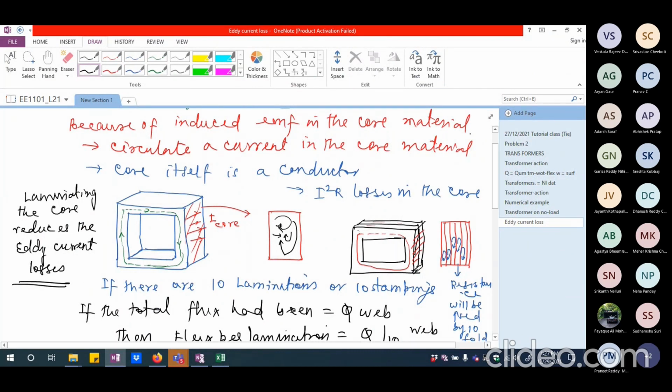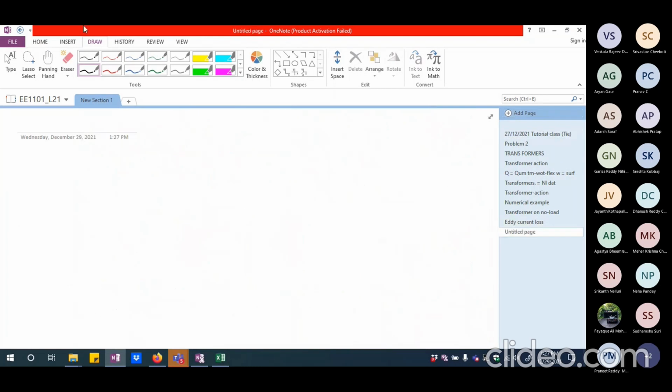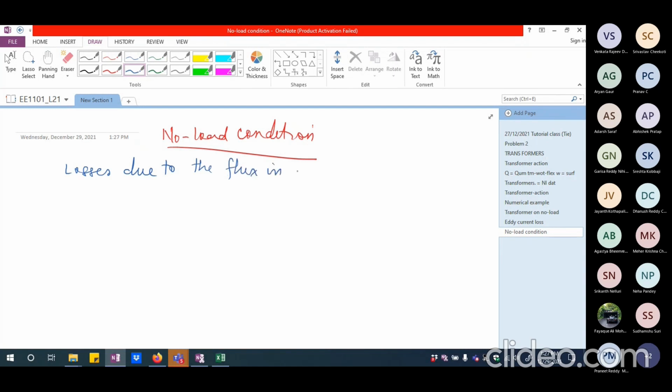So we normally see that even under no load condition of the transformer, we would still have the losses due to the flux in the core.